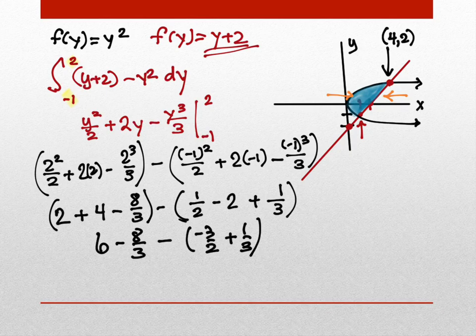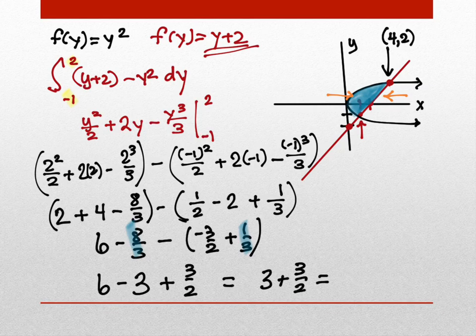I have -8/3, and then the -1/3 makes -9/3, which would be 6 minus 3, and then plus 3/2. So I think I've got 3 plus 3/2. And if I get a common denominator, that's going to give me 9/2. That's what I have written down. So I hope that I've got all the pieces there correct.